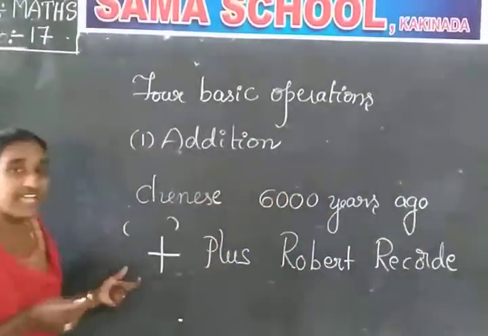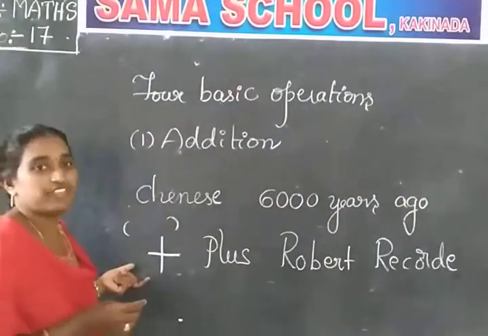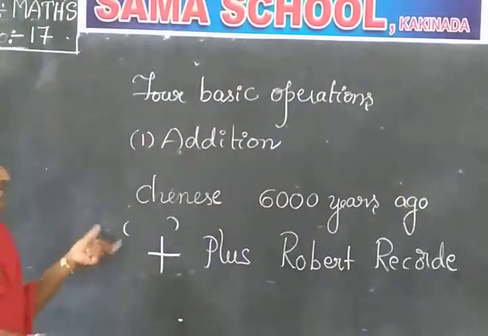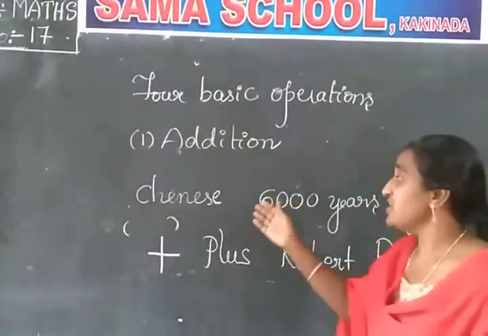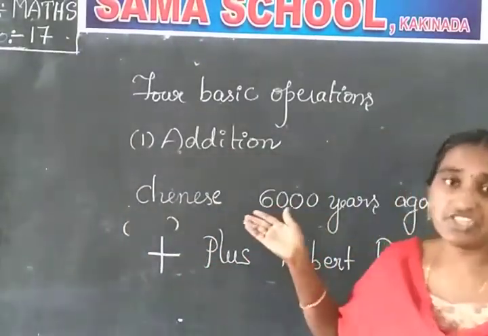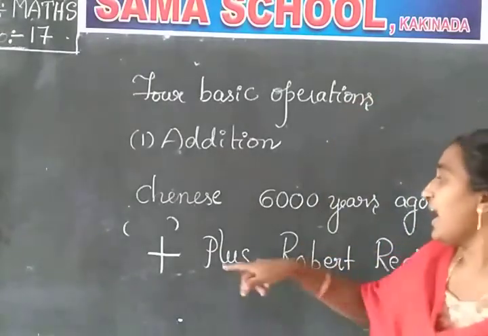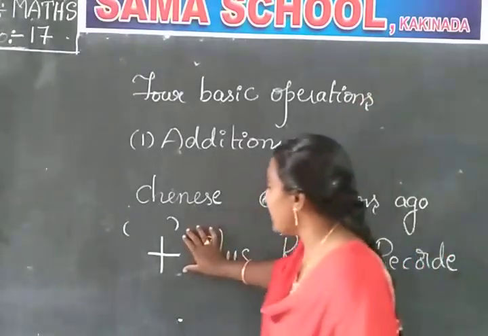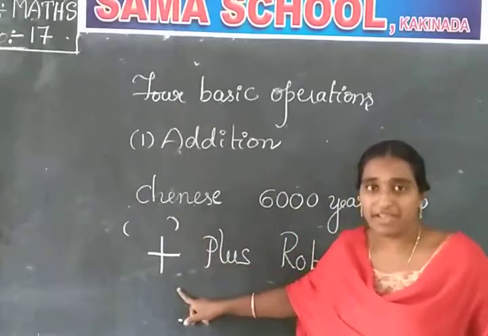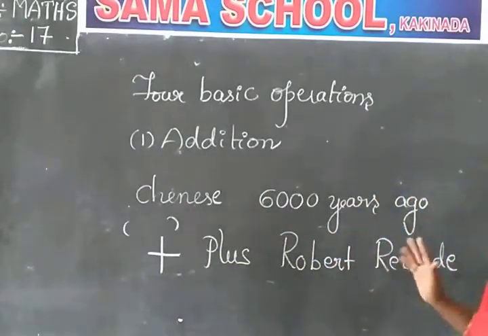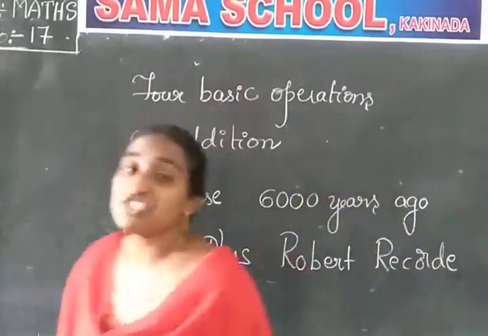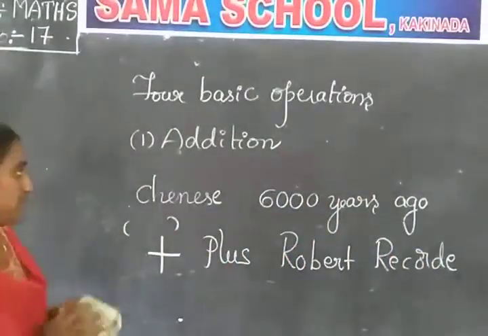He is the designer and inventor of the plus symbol. This is the history of addition. The Chinese invented addition 6000 years ago, the symbol is plus, and Robert Recorde designed it. Okay, in which cases do we have to do addition?